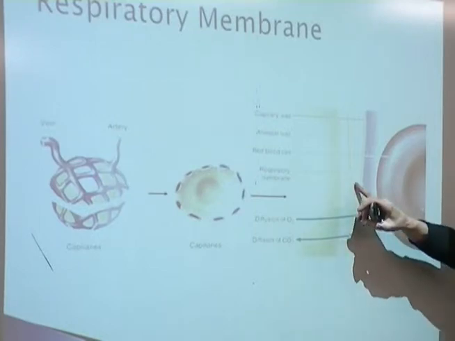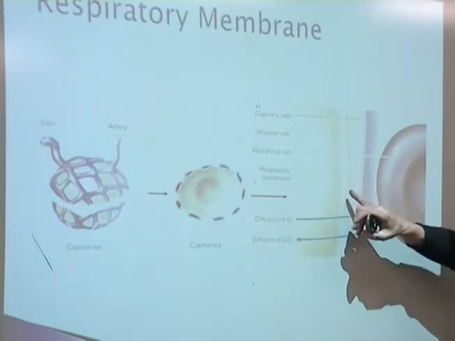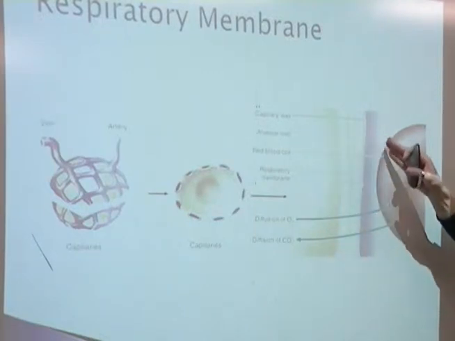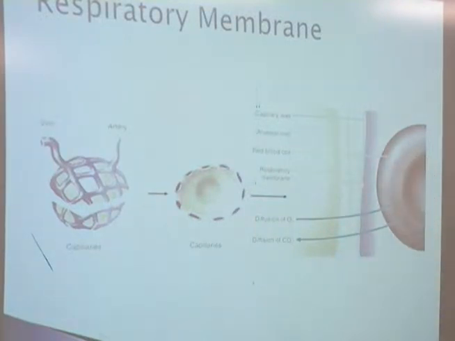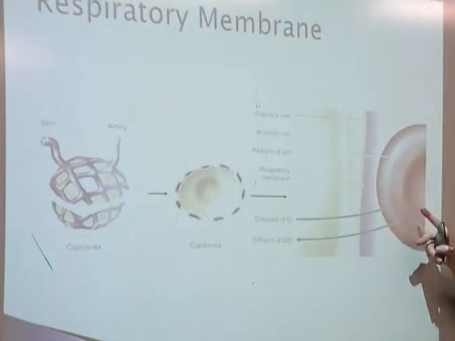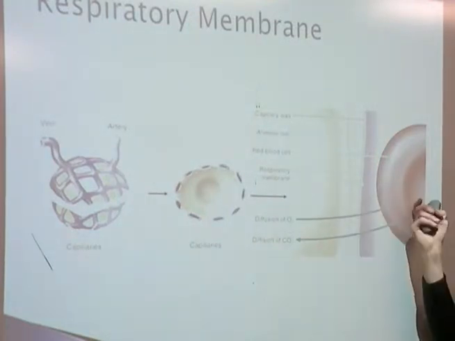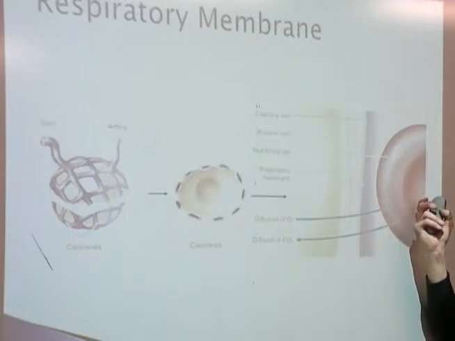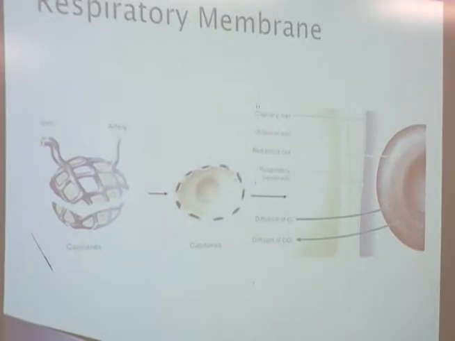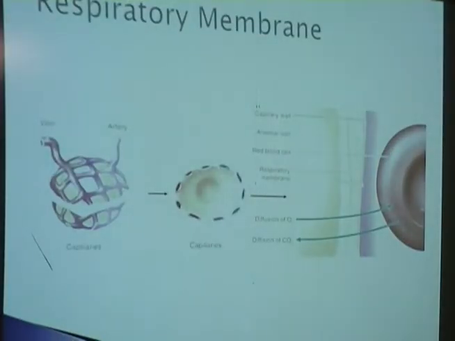That means that we've got a lot of contact between the lung and the bloodstream. Oxygen's going in, carbon dioxide is coming off the hemoglobin and the red blood cells back out into the lungs so we can breathe out.